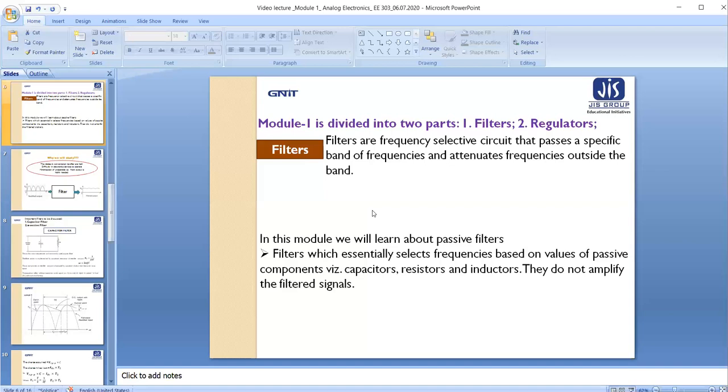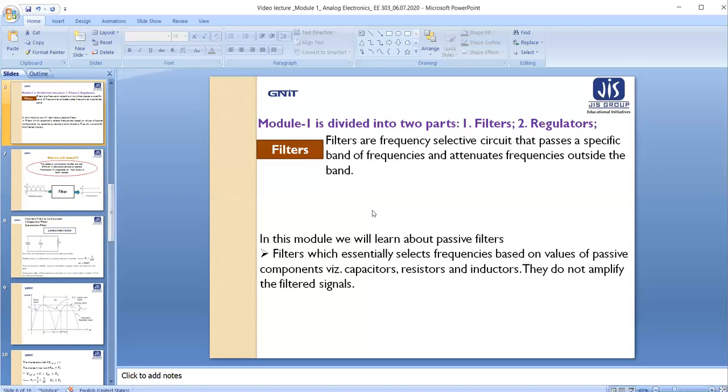So the output signal of an active filter is an amplified version of the input signal with some specific frequencies that are needed for processing for a particular circuit. But in the case of a passive filter, there is no chance of amplification of the signals, only the frequency selection is performed.